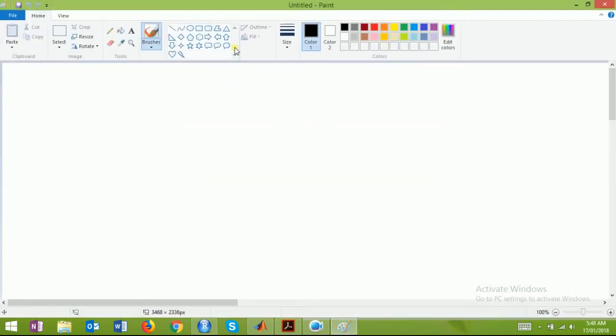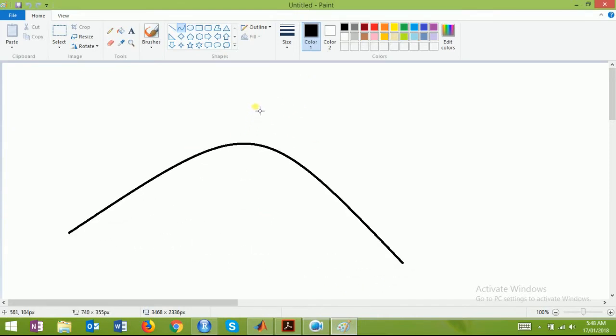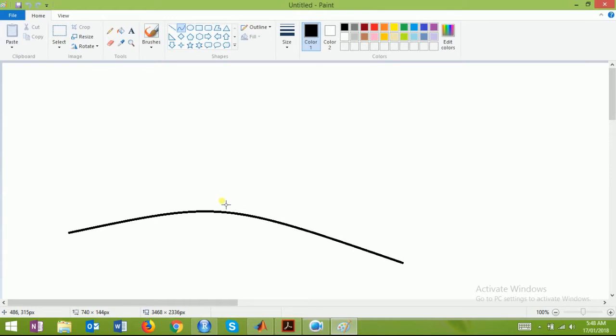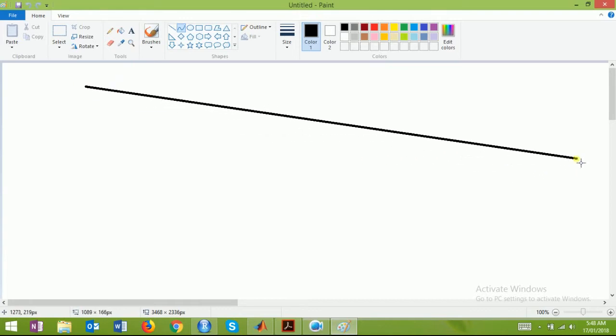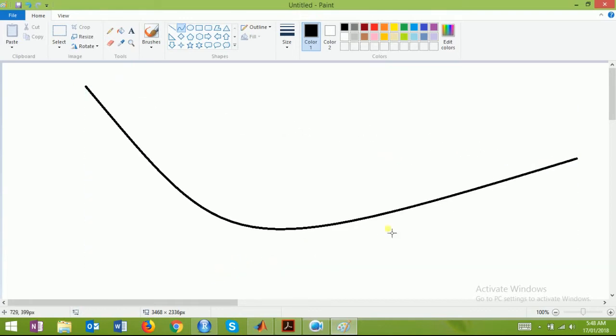Suppose we have a parabola, and in all kinds of iteration we will continue to do this, because suppose this is an estimation we want to reach.